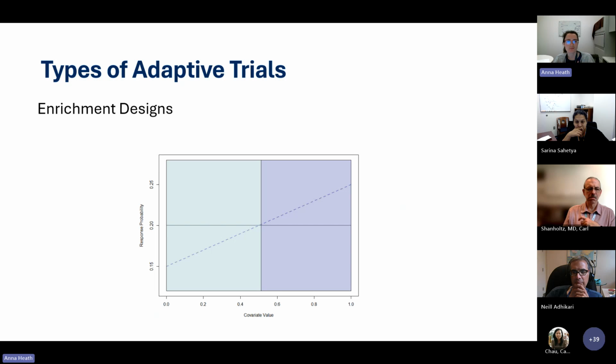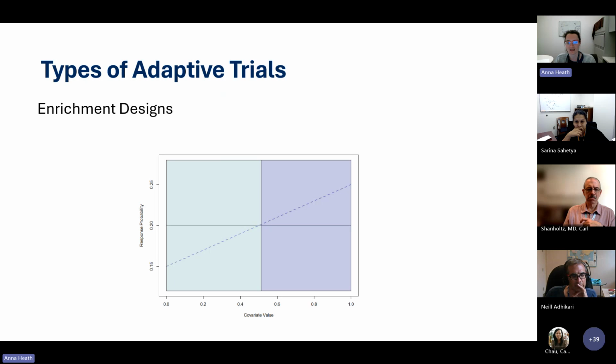The other key concept that I wanted to talk about, because I think it's becoming more common, is this idea of an enrichment design. So what we have here is a green line that represents the response probability that's stationary across the covariate values.